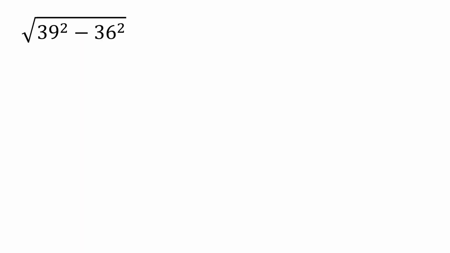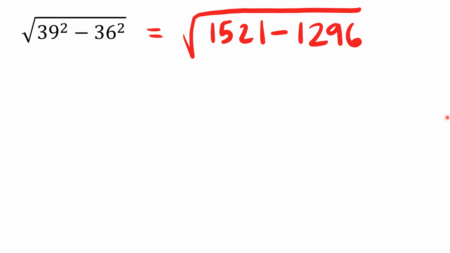Then I wanted to throw this one in here just to remind you how to do this one. Here, I'm thinking of the radical as kind of our grouping symbol, so I'm working inside of the radical first. I'm going to start by just squaring both of those numbers. That's my exponent, so that would be my second step of the order of operations. So 39 squared is 1521, and 36 squared is 1296.